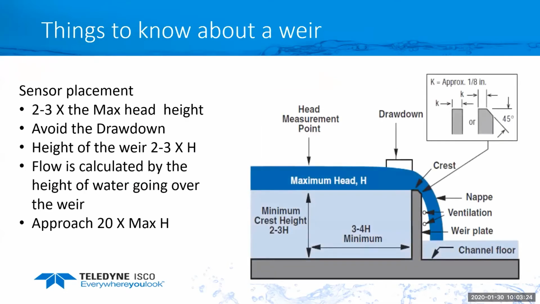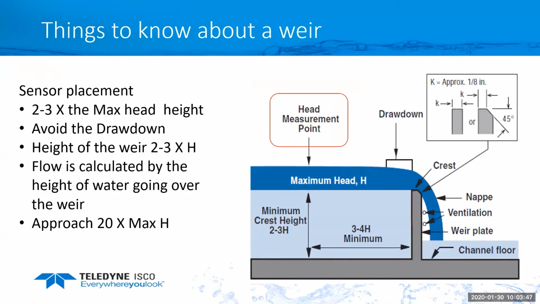But let's take a closer look at the weir. As far as the sensor placement, one of the bigger questions I get is where I should read the level. Where you measure the level from is the head measurement point, which is 2 to 3 times the maximum head height of water going over the top of the weir.